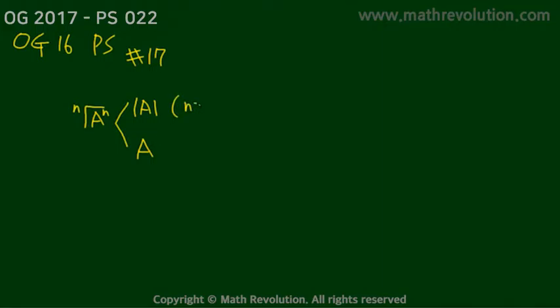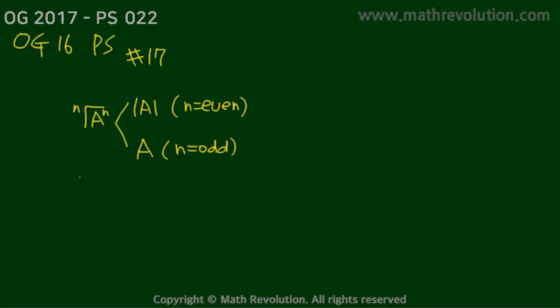Now let's take a look at Official Guide 2016, PS number 17. Before solving this question, you have to know a simple mathematical rule: the n-th root of a to the power of n is either the absolute value of a or just a. The absolute value happens when n is an even number, and just a happens when n is an odd number.